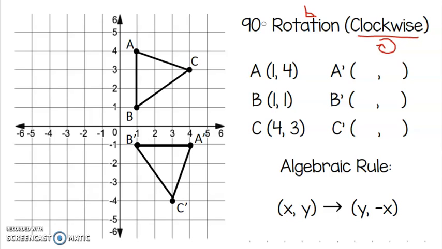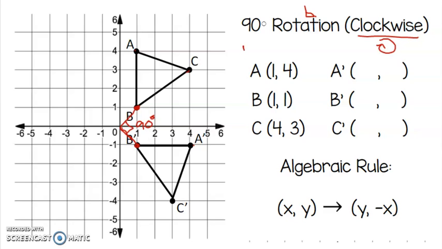What that means for our picture is I should be able to take any point on the pre-image and the image, and if I draw a line to the origin, and then from the origin to the image, that creates a 90-degree angle, okay? And I could do that from A to A prime, it would be 90 degrees. From C to the origin to C prime, that would also be 90 degrees, okay?